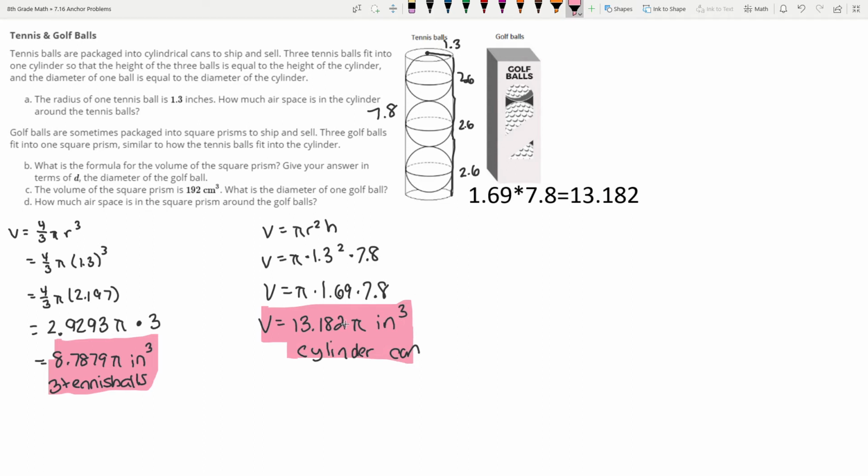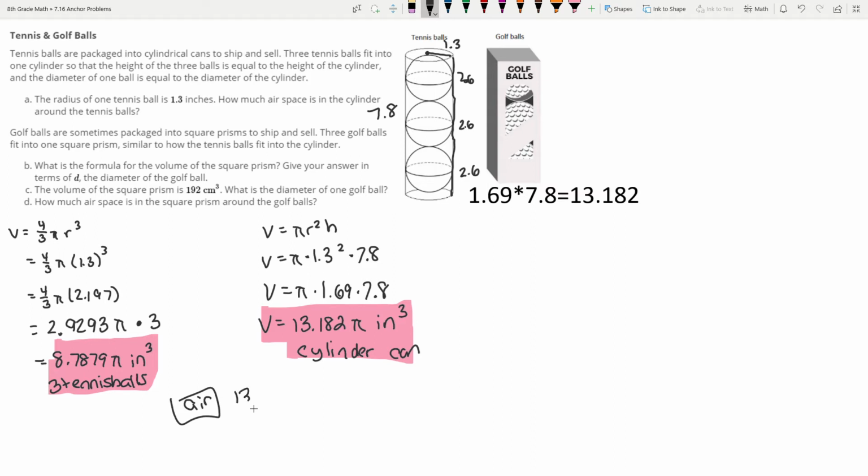Now, how much airspace is in the cylinder around the balls? Well, if the entire volume of the cylinder can is 13 182 thousandths pi cubic inches, and the volume of the 3 balls is this 8 7,879 10,000ths pi cubic inches, all we need to do is subtract for the air.